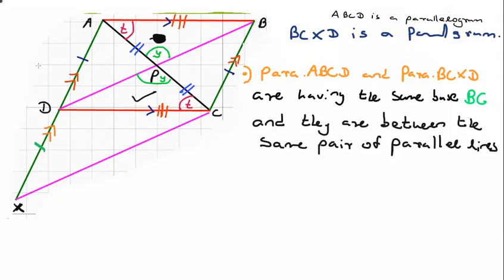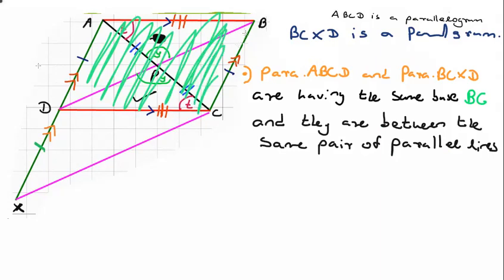Look at both the parallelograms. Let's color to identify. The top one, let me color in green. So green one is between what two parallel sides? If BC is the base, where is the roof? The roof is AD. Or we also can say this green parallelogram is between the parallel lines BC and AX.